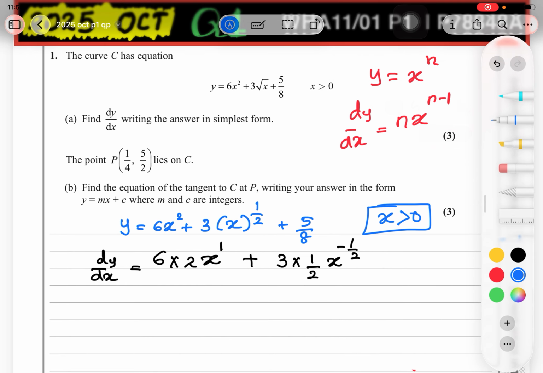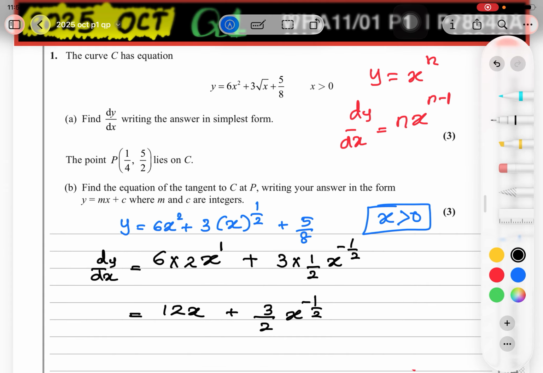So it's going to be 12x plus 3 over 2 x to the power negative half. This would give us the full marks, but if you want to simplify the negative powers, we can do so.